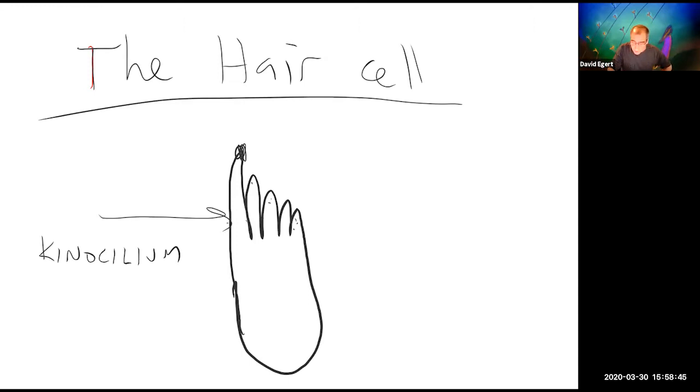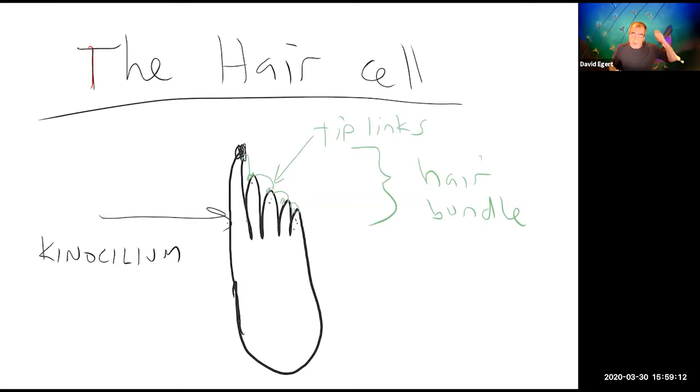So this whole part up here is called the hair bundle. It's not really hair. It's just little extensions of cell membrane with cytoskeletal components holding them up. And then there are these things called tip links. They're attached to little membrane proteins that are actually little channels.